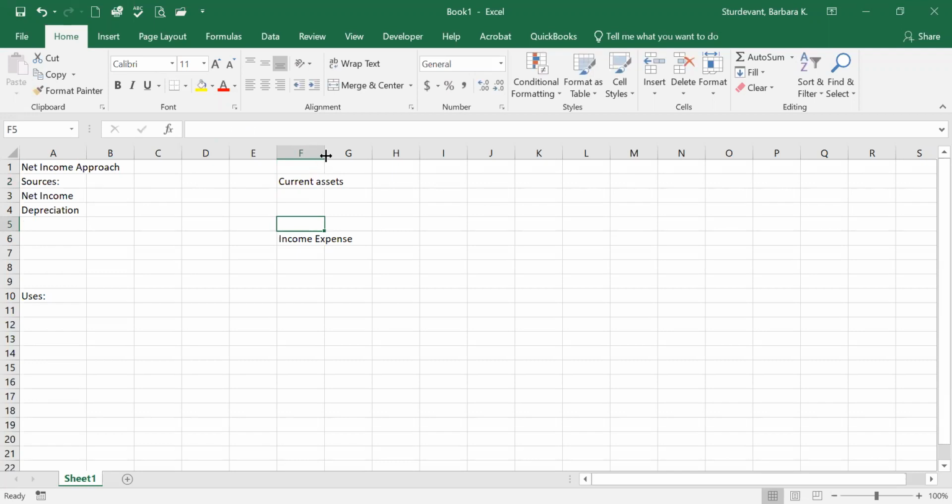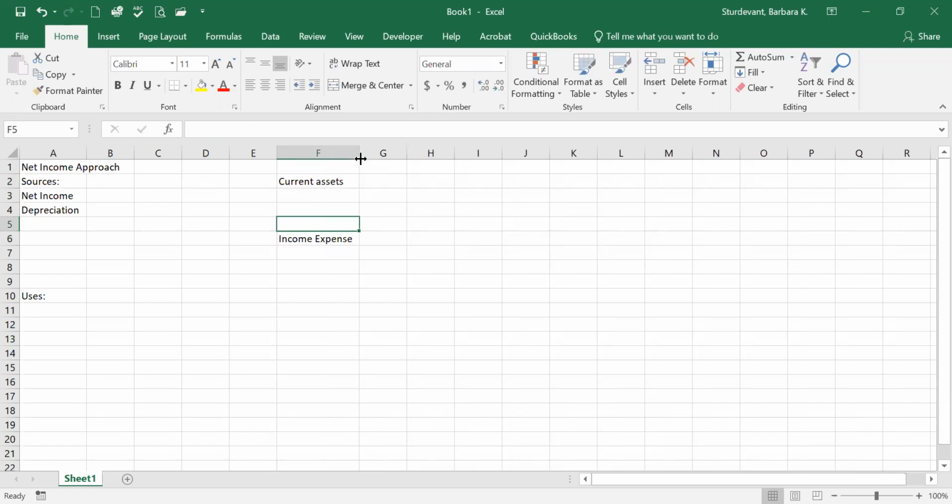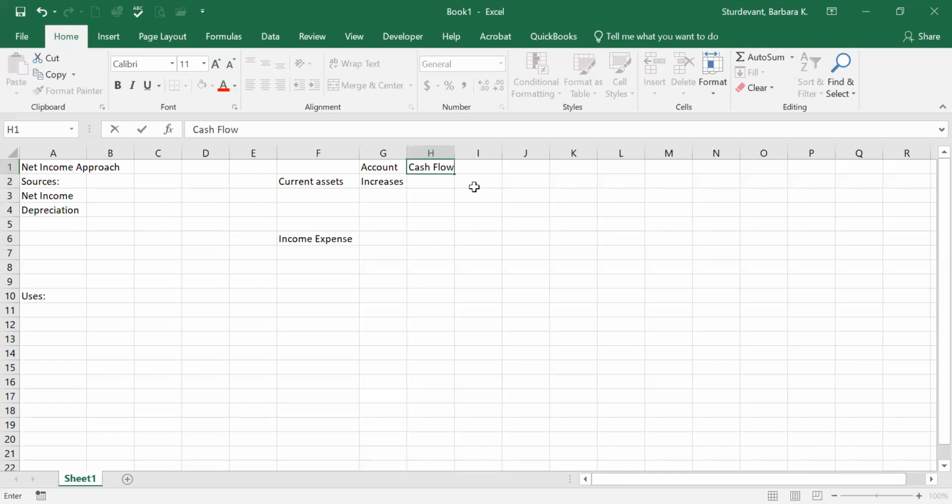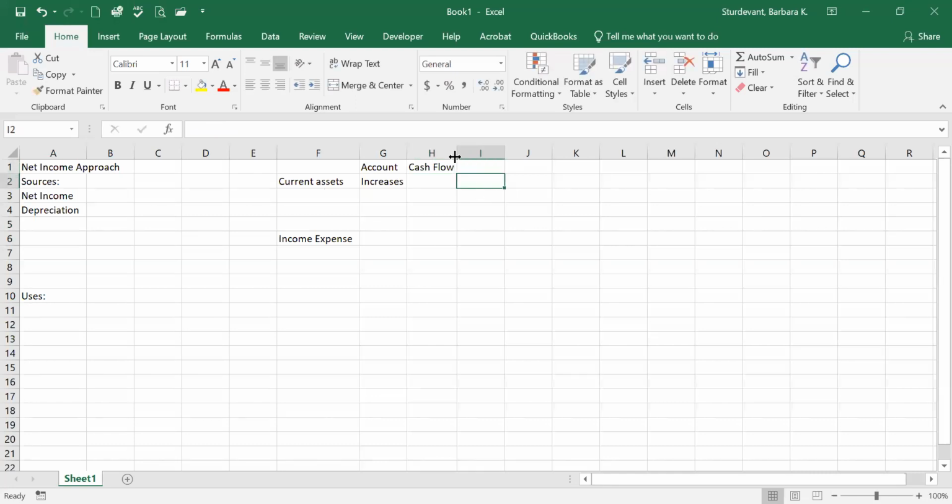Going back to cash flows, if a current asset increases, what was the effect on cash flow? Nobody remembers cash flow statements?